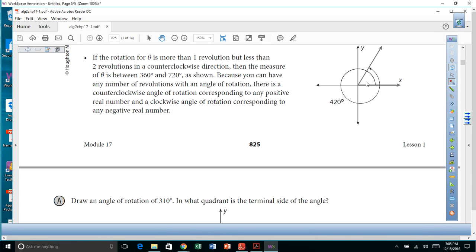But if you only go from here to here, that's 60 degrees. And likewise, if you go here and back around that way, that is negative 300 degrees.